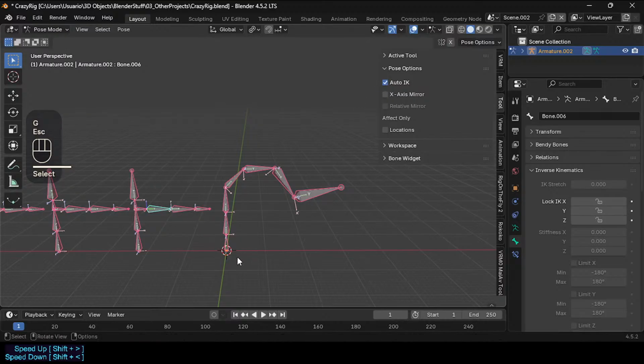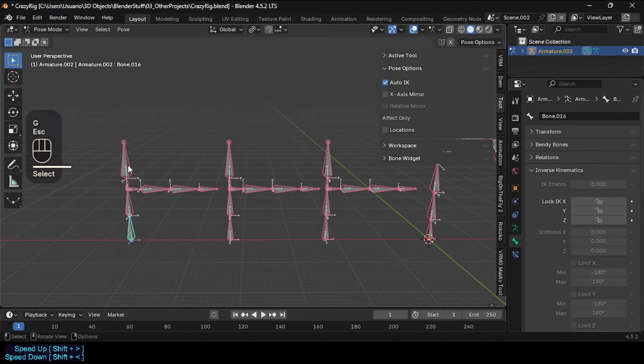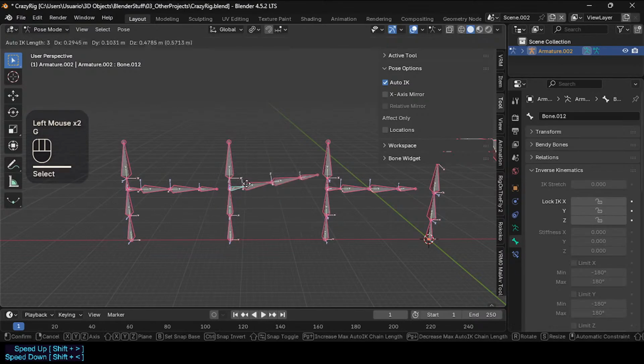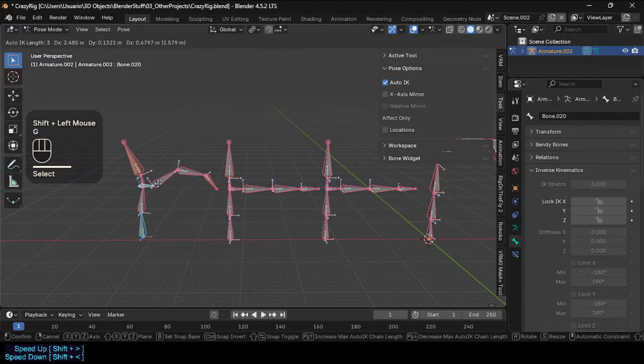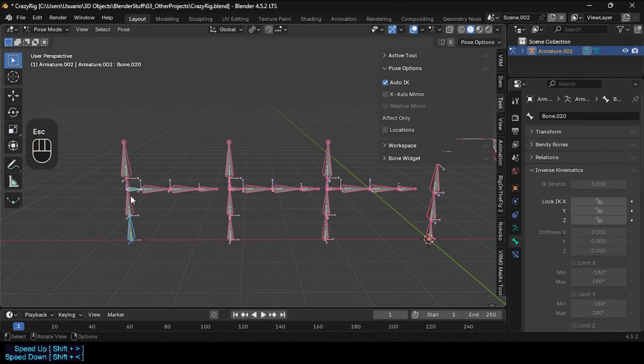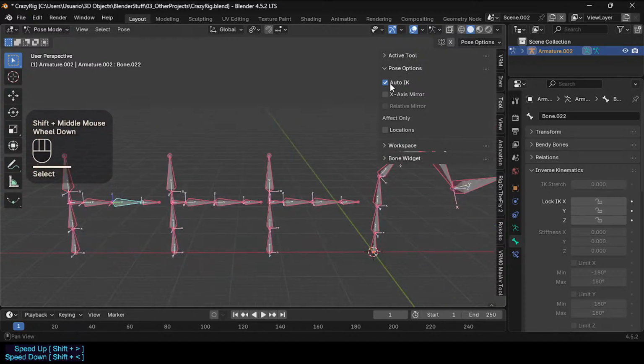While if you had this on, it will pin stuff like this, everywhere it can pin with the Auto IK length, right? So that would be a possibility.